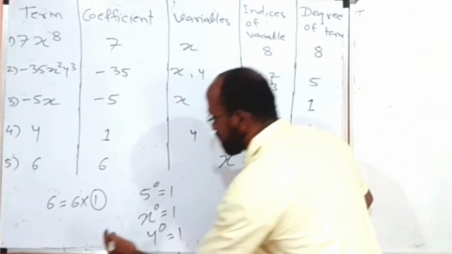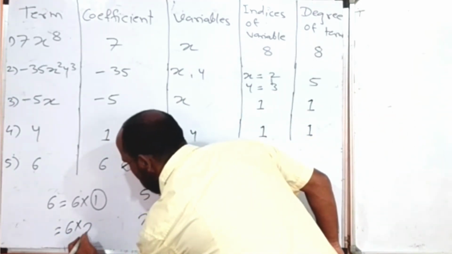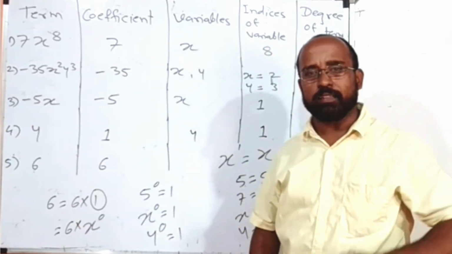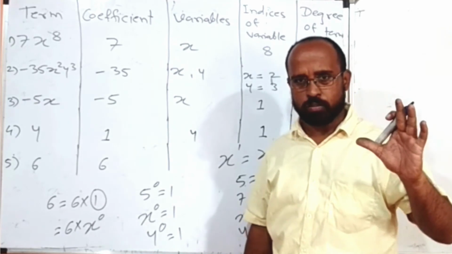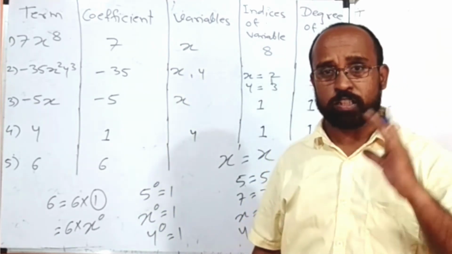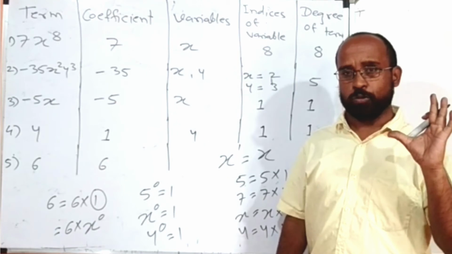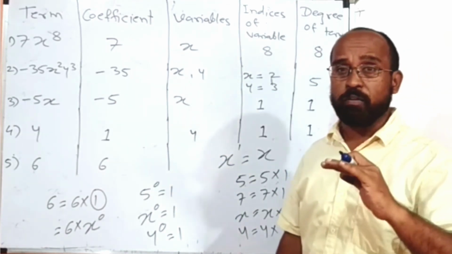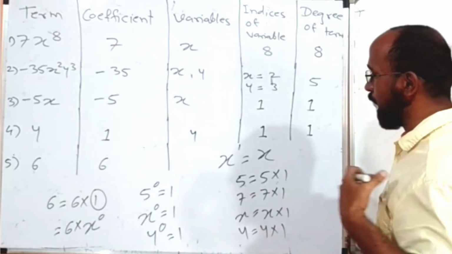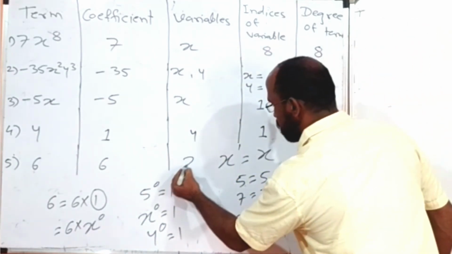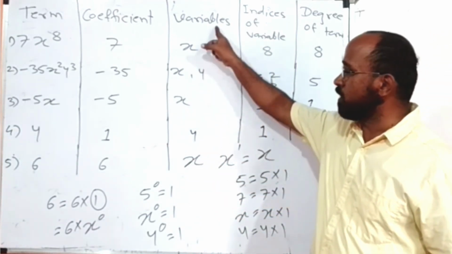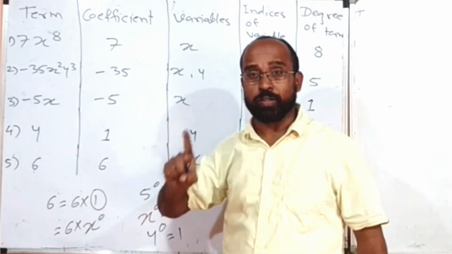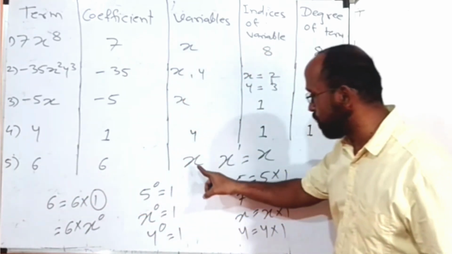This means 6 can be written as 6 multiplied by x raised to 0, or 6 multiplied by y raised to 0, 6 multiplied by z raised to 0, 6 multiplied by any letter raised to 0. Any letter is perfectly your choice. Suppose I decided to take x. Whenever a variable is not given, you can consider any letter as the variable.